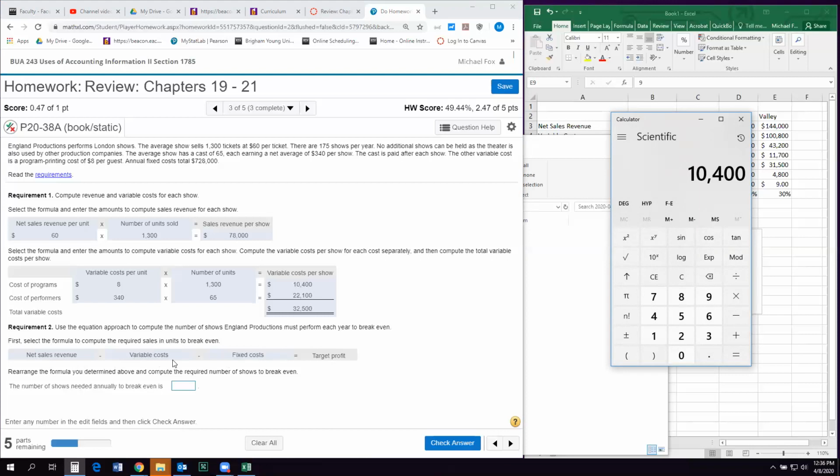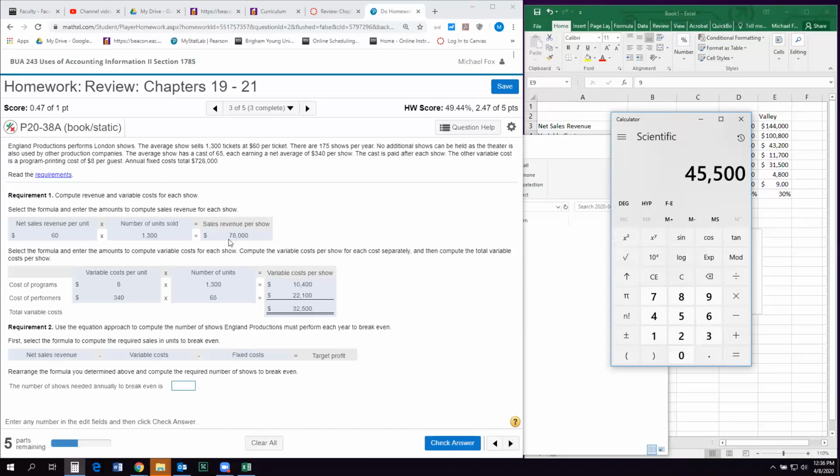So let's just do it this way. I know my net sales revenue per show is 78,000, and my variable cost per show is 32,500. So if I figure out my contribution margin per show, which is 78,000 minus 32,500, that's how much contribution margin I make each show.